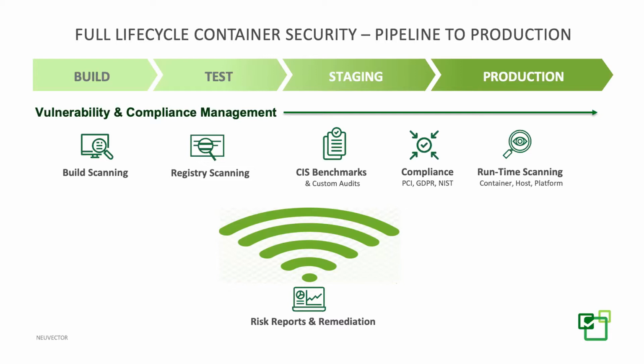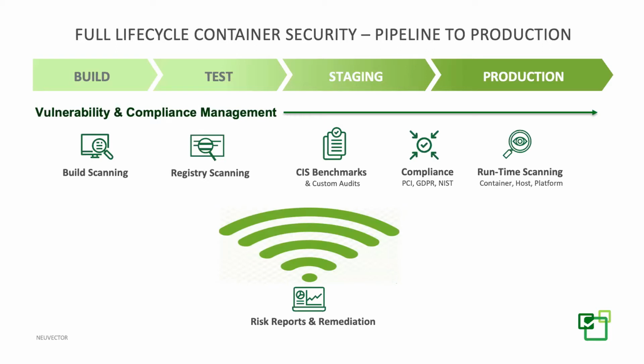So what we're able to do is to scan that in the registry. And then we are able to proceed all the way into the staging and production environments to run the CIS benchmarks to make sure that all your configurations are correctly set and audited. Produce compliance reports to help you if you need to achieve PCI or GDPR, SOC 2 compliance.